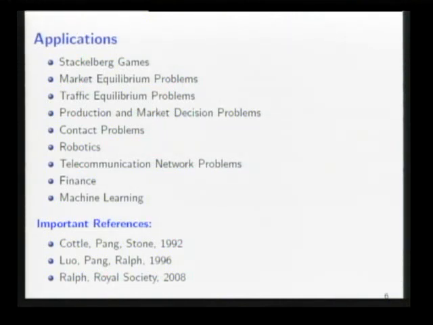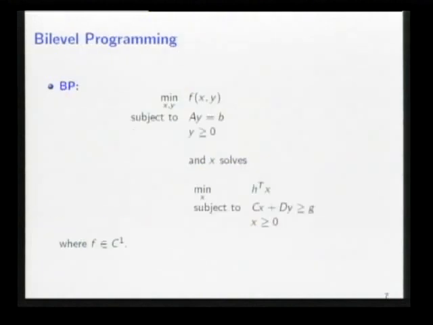Finance, that's a very important application in finance, and machine learning. And you can see all these sorts of applications, or at least some mentions of these problems, in these beautiful books of Cottle, Pang, and Stone in '92, more recently Luo, Pang, Ralph, and I forgot to put another one, Facchinei and Pang, and also Ralph, who did a very good survey paper that appeared in the Royal Society, okay?